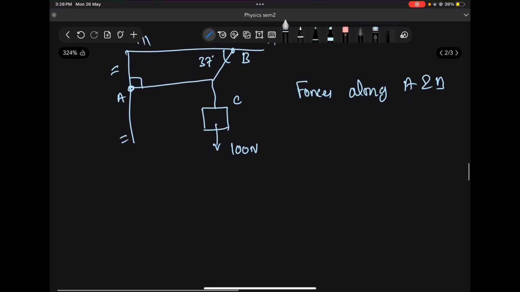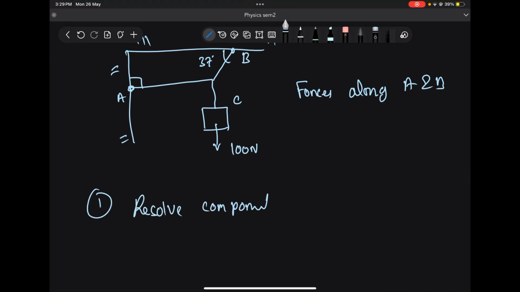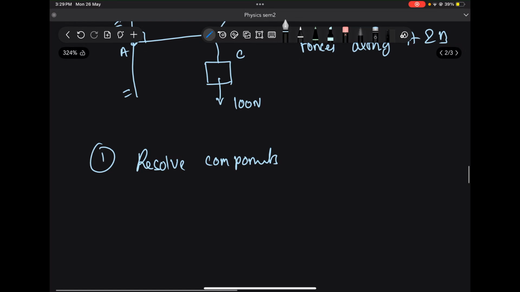The first thing is to resolve into components, and then since the body is at equilibrium, something that we will talk about a bit later, we can simply do summation of Fx is 0 and summation of Fy is 0.